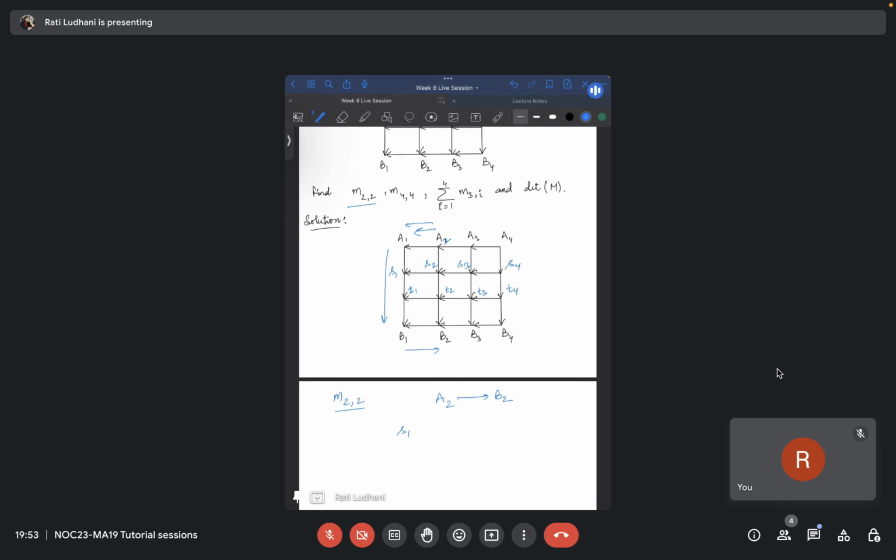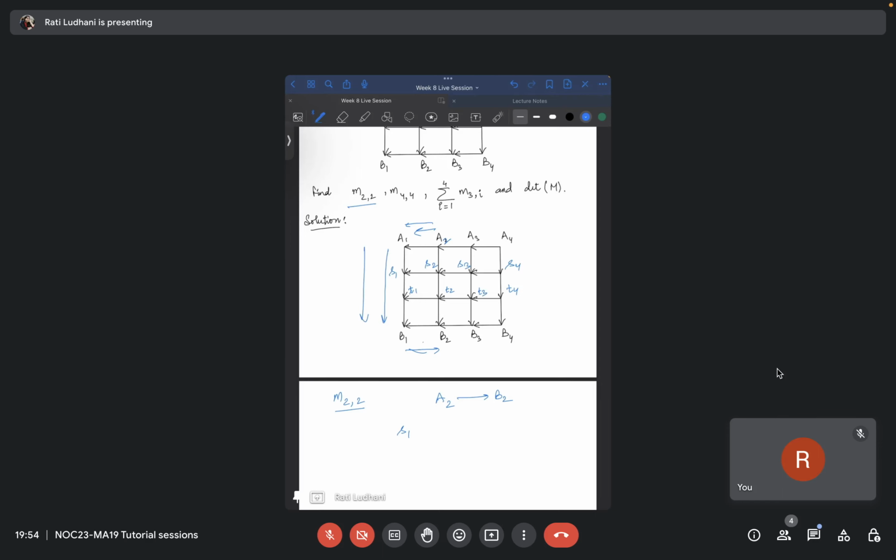When you reach S1, there is only one option. One second, there is no cycle, right? Yeah, there is no cycle, but the main thing is, if you go downwards, you cannot go right.